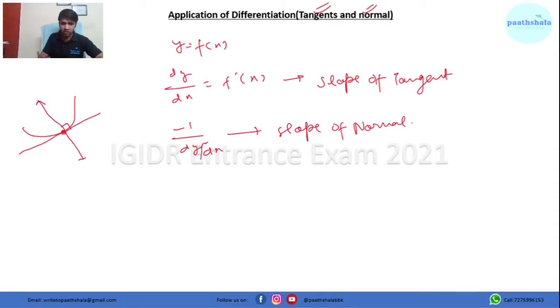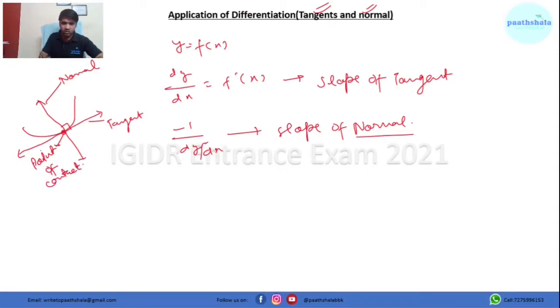Keep this in your mind: normal is the perpendicular line on the tangent. So this represents your normal, this represents your tangent, and this is your point of contact.